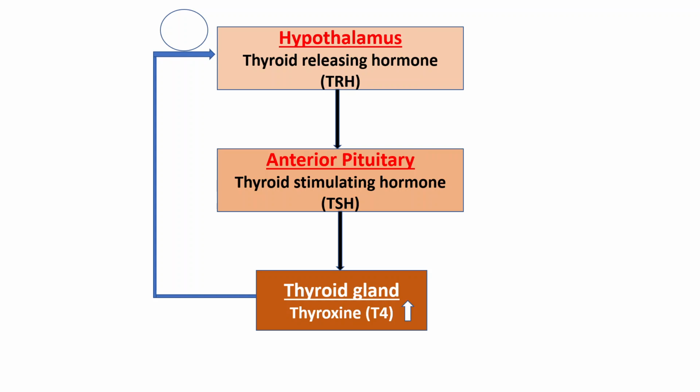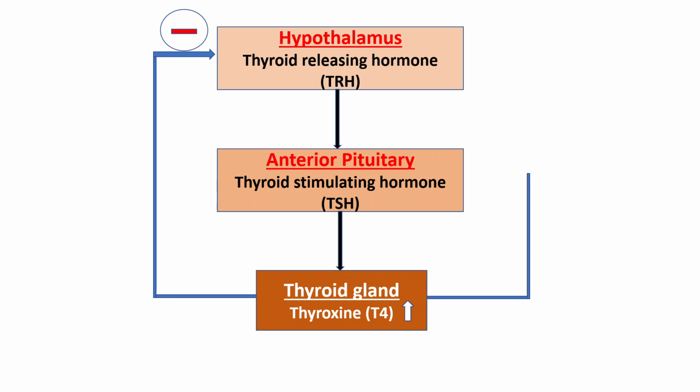or inhibit the hypothalamus to decrease the secretion of TRH, so that the secretion of TSH also gets slow, and as a result thyroxine secretion will also be low, and the level of thyroxine will get low in the blood vessel.